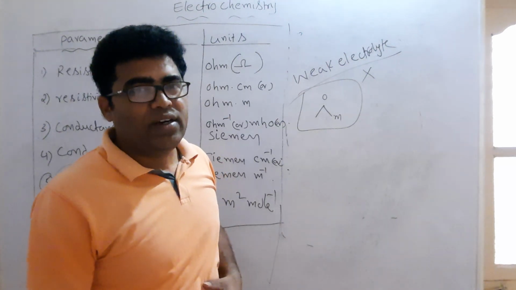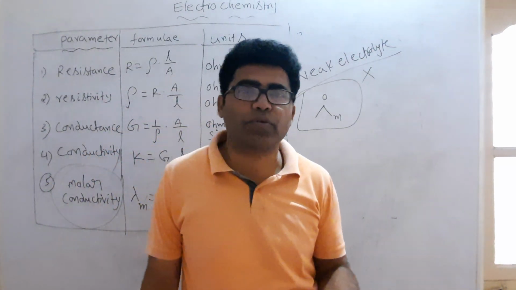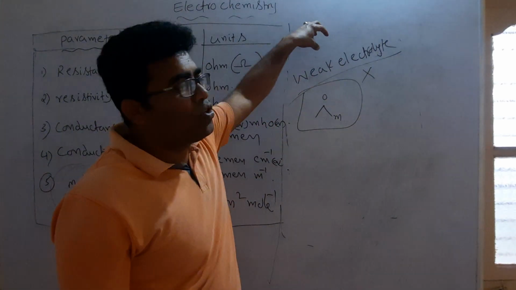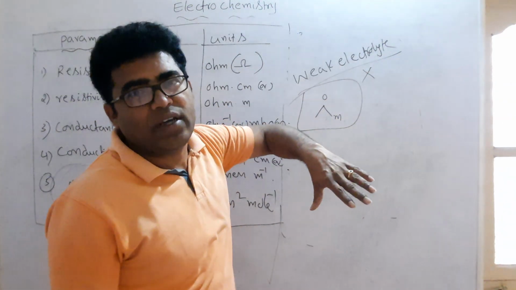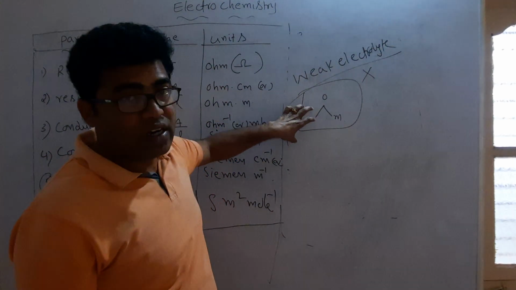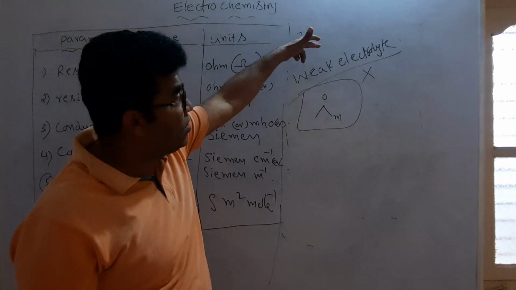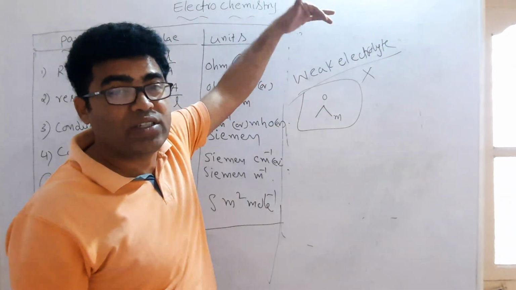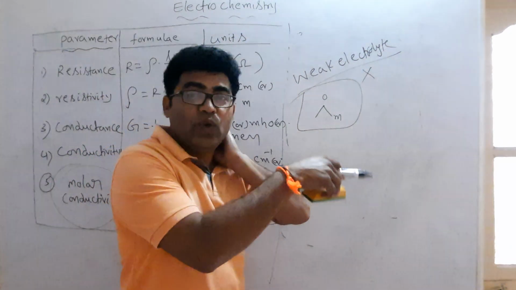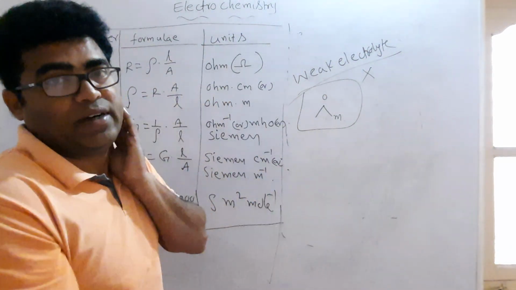Conductivity is because of ions. Whenever you drop a weak electrolyte in water, it can split into ions, but when the water quantity is very, very high, the molar conductivity is not possible to find even by using an experiment.